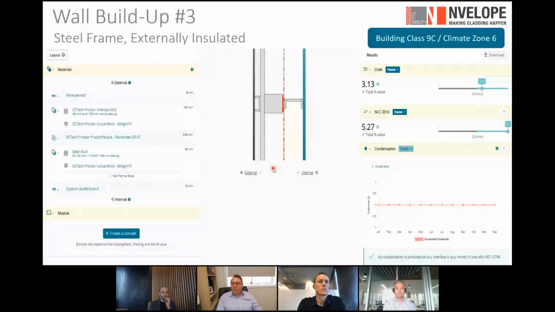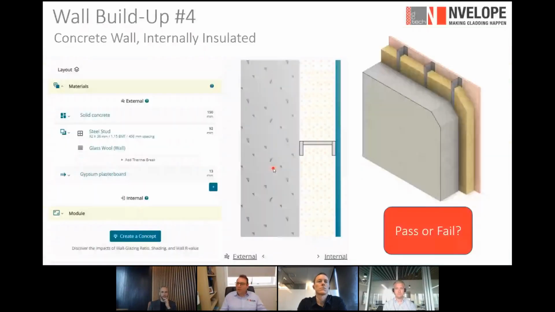So moving away from steel, I'm going to start moving into concrete, and we see a lot of this in New South Wales, probably less in Victoria. This wall is one of my favourite walls, and all for the wrong reasons, and I'll explain soon what that means. I'll just run through the wall build-up here.